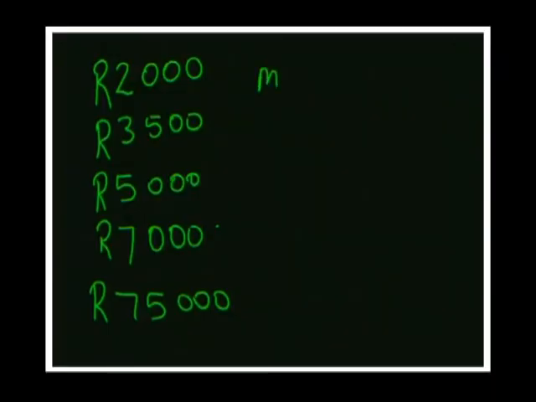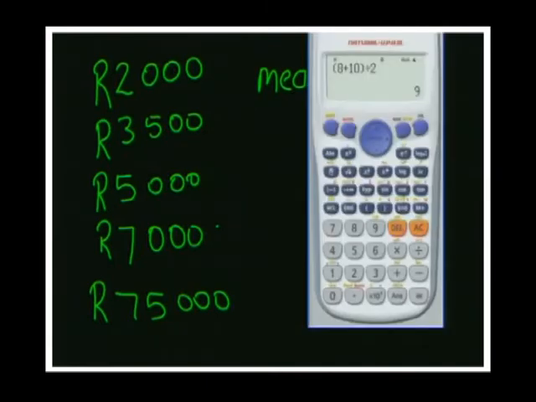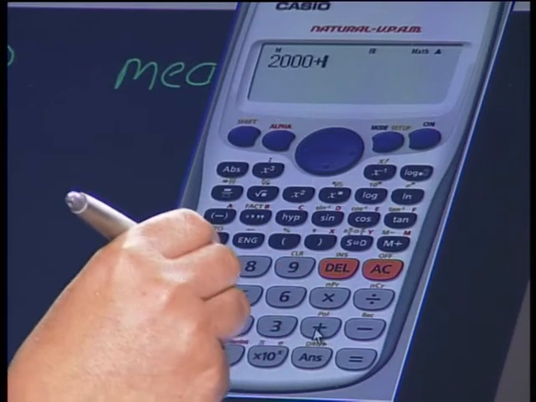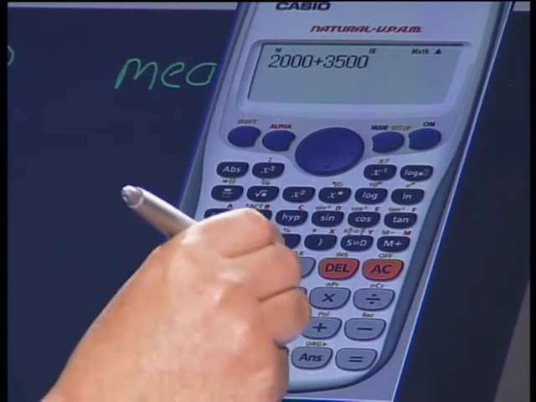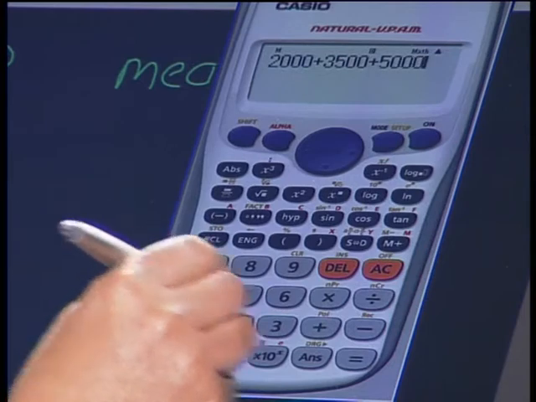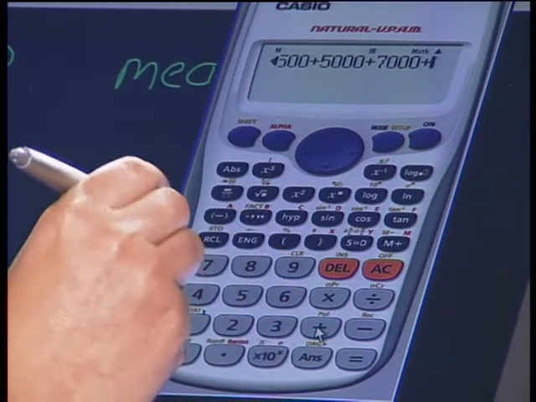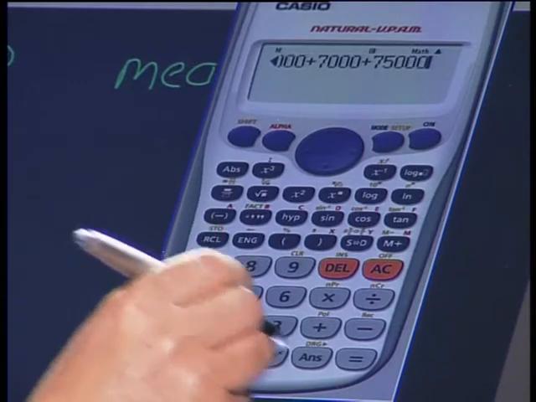So I'm going to take these values and add them up. Let's first do the mean. My numbers were 2,000 rand plus 3,500 plus 5,000 plus 7,000 plus 75,000 rand.